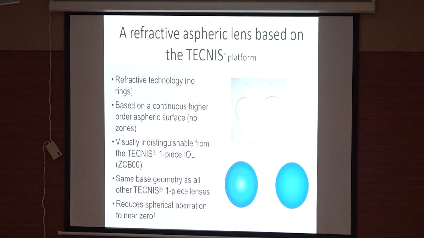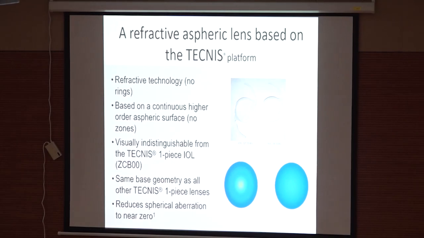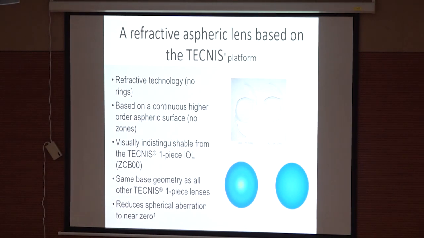You can't actually tell the difference. It also reduces the spherical aberration just like the Technis monofocal. But what the lens has is a continuous increase in power from the periphery to the center, and a central area of about 15% which has a further near add, which in my experience is at best about 0.75 diopters.